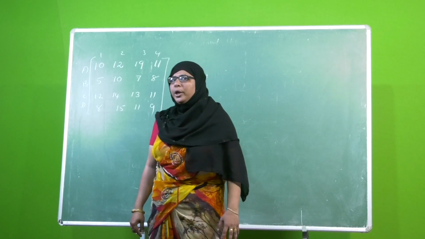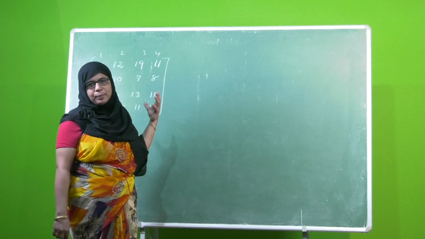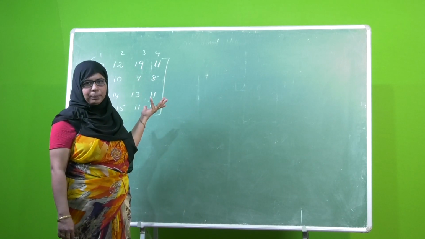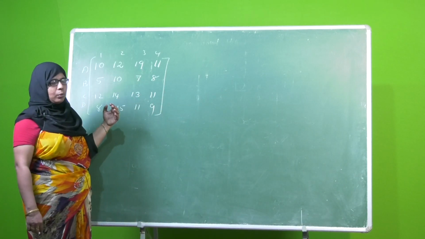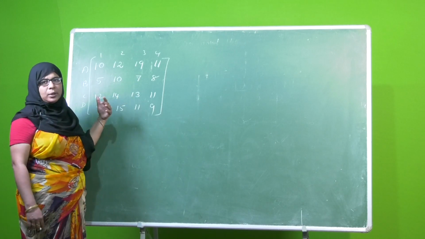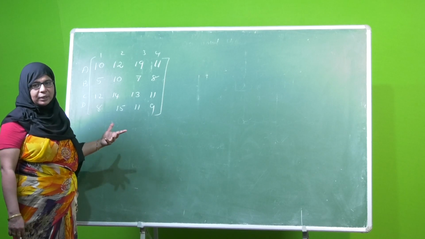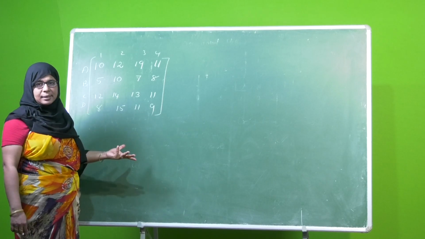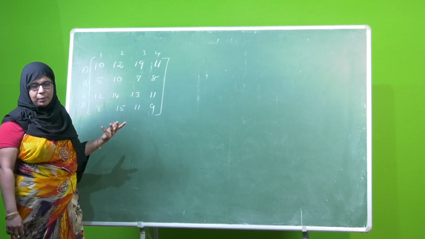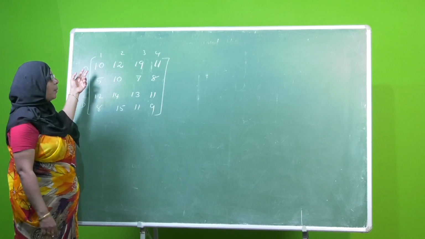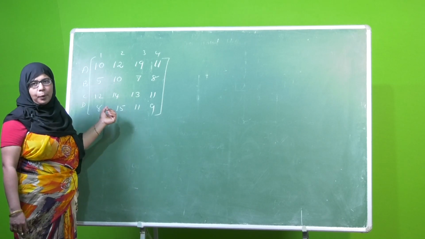And now we are going to see another example of the same type of balanced assignment problem. Okay. What are the steps I have told you already in the previous problem? First of all, we have to check whether the sum is a balanced assignment problem or an unbalanced assignment problem. Now we have to check whether the number of rows is equal to the number of columns.